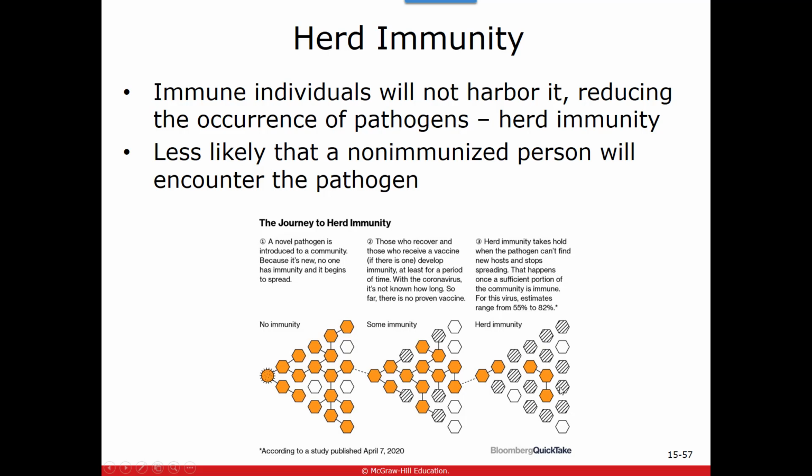My warning, though, with that is that for herd immunity to take place, they figure at least somewhere in the 55 to 82, and that totally ranges depending on how easily a virus spreads from person to person, the contact transmission. 55 to 82% of the entire population has to have had COVID-19 or gotten vaccinated against it.